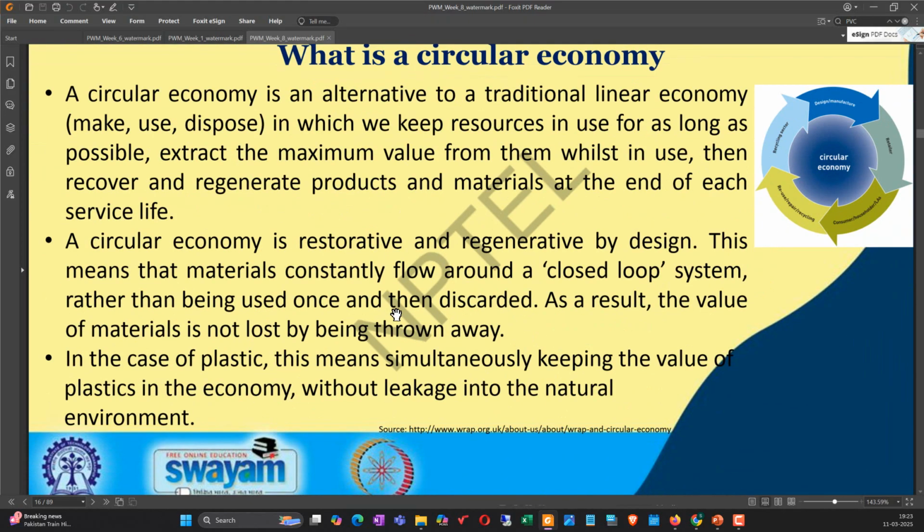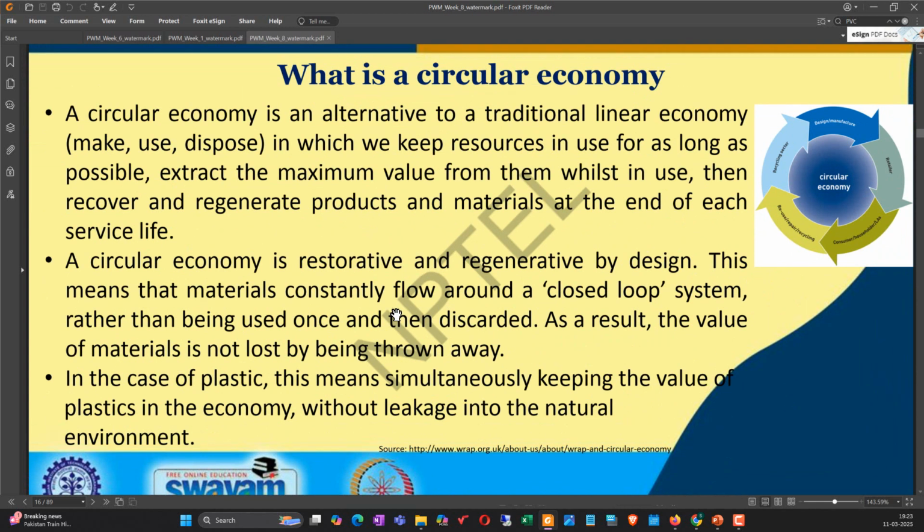What is the circular economy? This is the slide where it came into the picture, and the entire next three lectures, till the end of the course, cover it. What does it mean? It's an alternative to the traditional linear economy, where make, use, and dispose were the main agenda points.